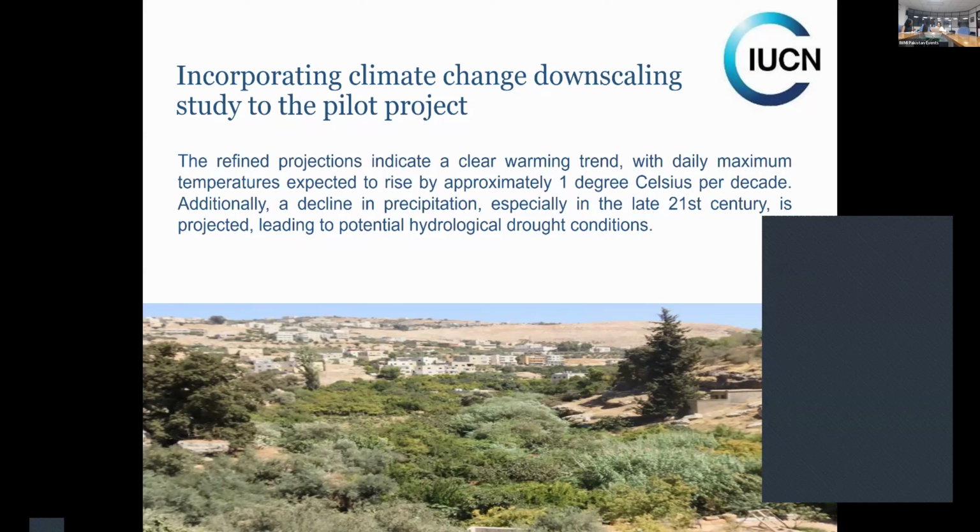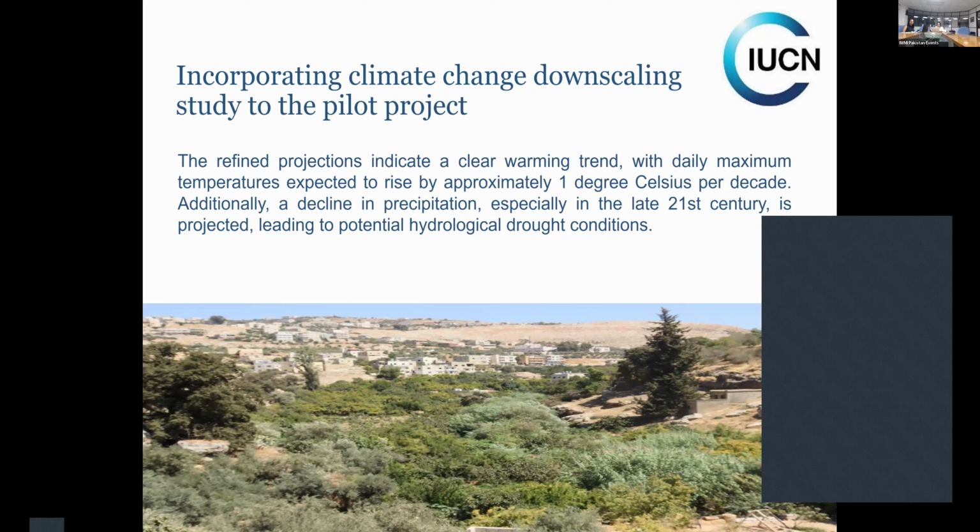Integrating with local stakeholders through community engagement, by educating stakeholders on climate change impact and nature-based solutions, helping them understand how local actions align with broader resilience goals, and policy alignment by using downscaled data to influence policy, ensuring government plans incorporate climate risk management.